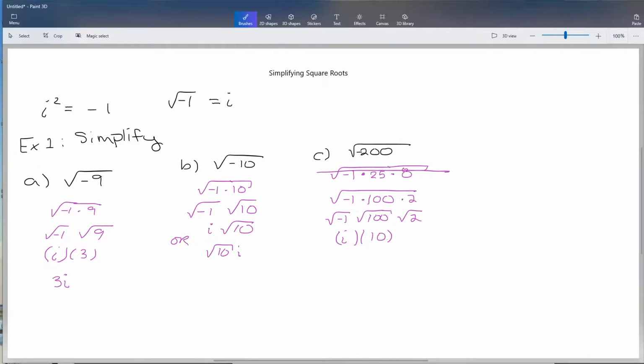And the square root of 2 doesn't come out evenly, so we just leave it as the square root of 2. Now, the best way to write this is probably 10i square root of 2, or 10 square root of 2 times i. So either one of those is a good form.